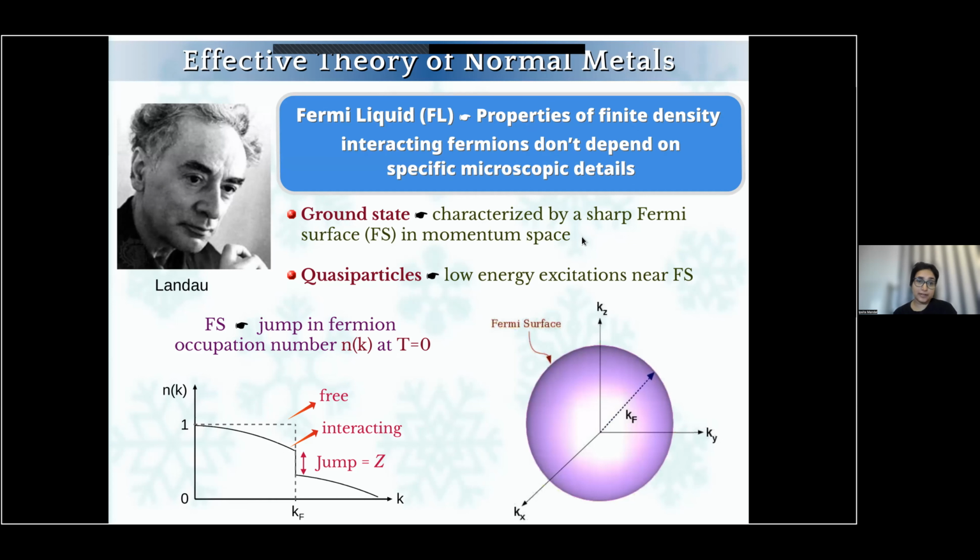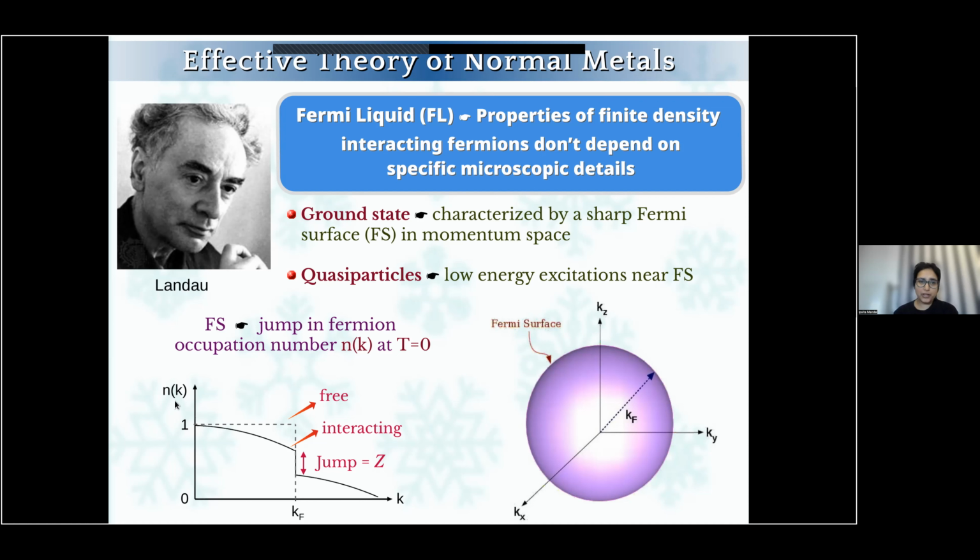And then about that ground state, we have some low energy excitations, which we call the quasiparticles. Now, technically speaking, the Fermi surface is the jump in the fermion occupation number n(k) at zero temperature. That means it is the surface which divides the occupied states from the unoccupied states.